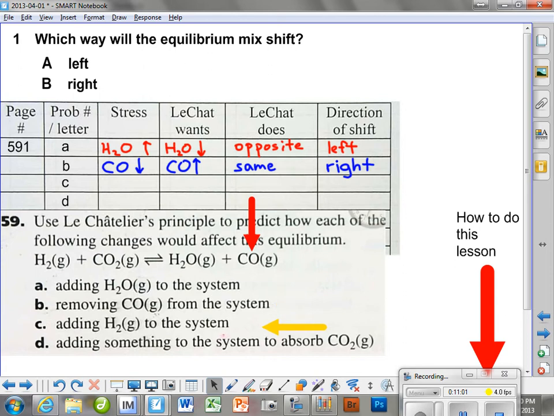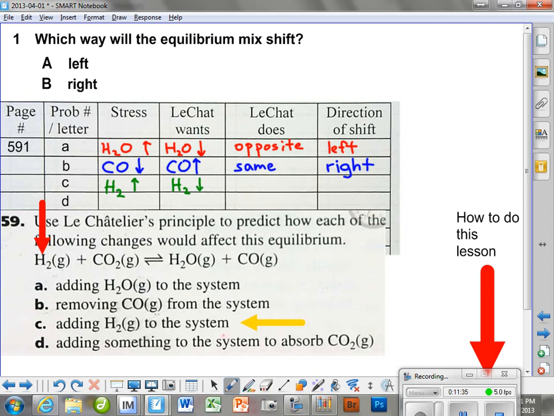Okay, next problem. This is adding hydrogen. So we're adding hydrogen, and now let's identify it in the equation as to where it is. Here it is in the balanced equation. And so let's go ahead and put in hydrogen, because hydrogen is our stressor. And we're adding, so that increases the concentration. And Le Chat is going to want to reduce the concentration.